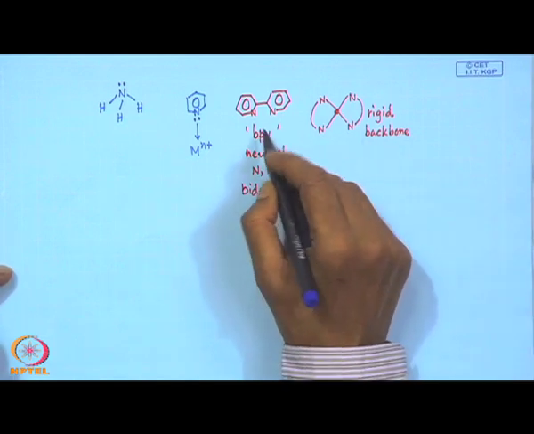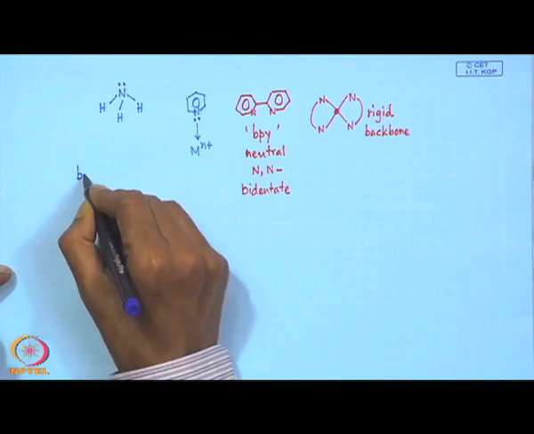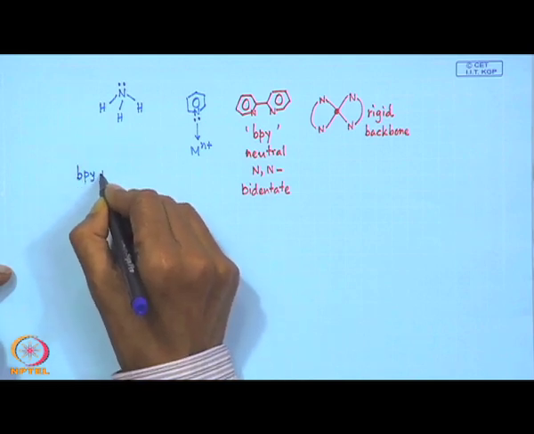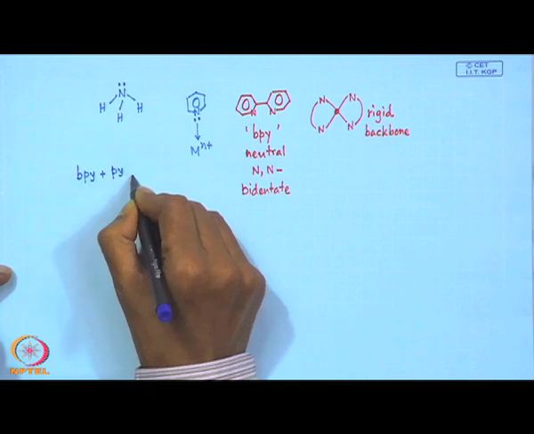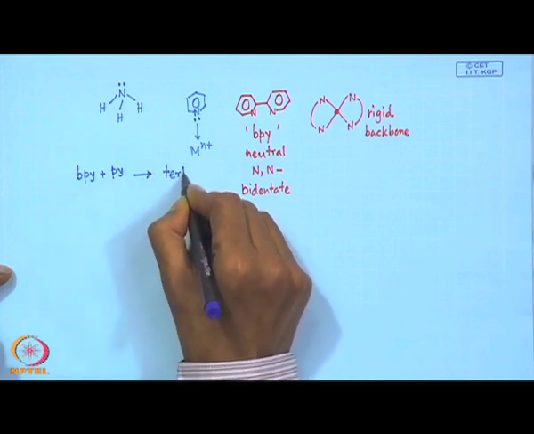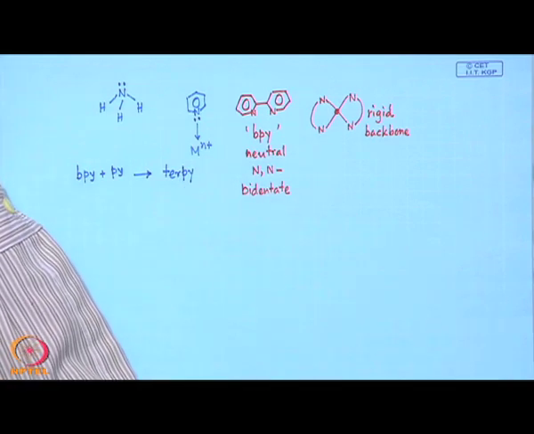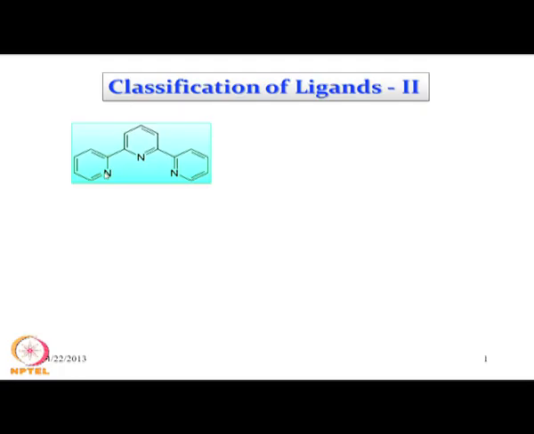Similarly, if we go for the third one, that means the BPY backbone plus another PY, we get the corresponding ligand, which is known as terpyridine. So, this is our terpyridine ligand, where we can have 3 nitrogen donor atoms which are close to each other.